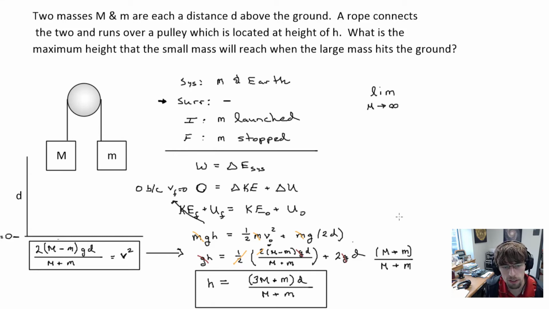It's always interesting because then you end up with something like 3 big M d over big M, which is equal to 3d. So it seems odd, but you can make this box infinitely massive, and the highest that you can launch little m based on this arrangement is a height of 3d. It just seems kind of weird to me. I don't know why, it just does.